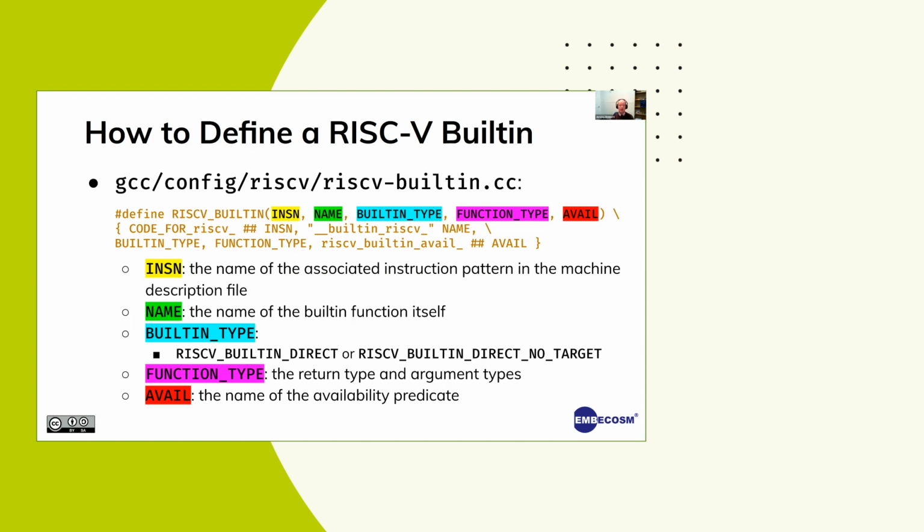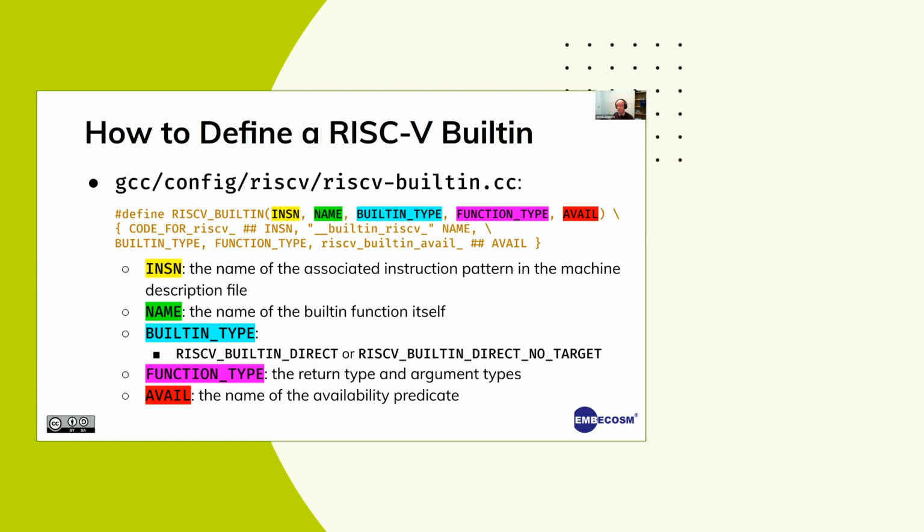We're going to have to use this function for ELW, and it's got a number of fields. The first one is instn, and we'll come to instns in a minute. That is the critical one because that's the name of the instruction pattern in the machine description file, and that is the thing that will make the compiler generate the code that we want.